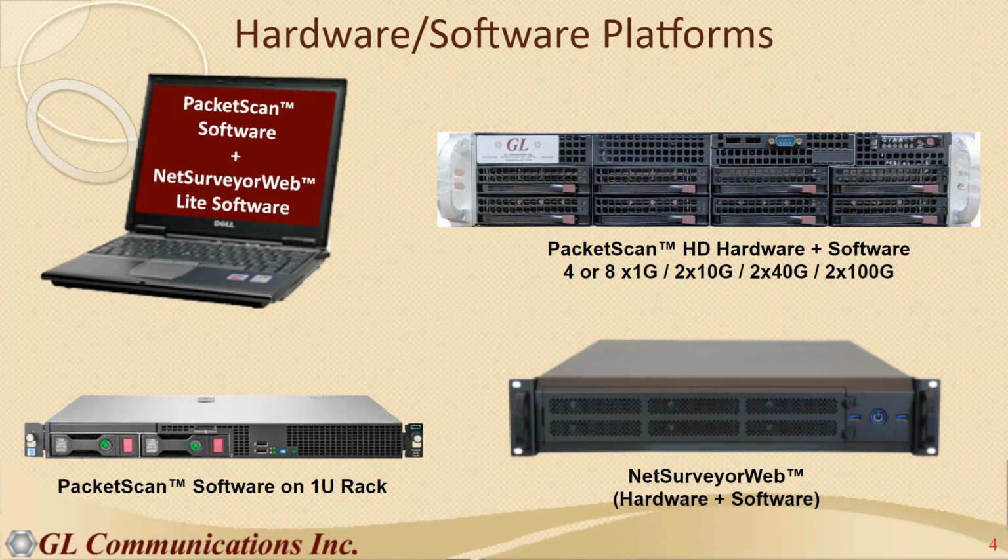That's sufficient. If we need to get into multiple interfaces or higher bandwidth interfaces, additional hardware is required, and we call that offering the PacketScanHD, as you can see here on the top right. With higher bandwidth requirements and higher density interfaces, 10 gigs, multiple 1 gigs, 40 gig, 100 gig, we require some additional hardware to be installed on generally server grade PCs, or we can install them on portable ones as well.